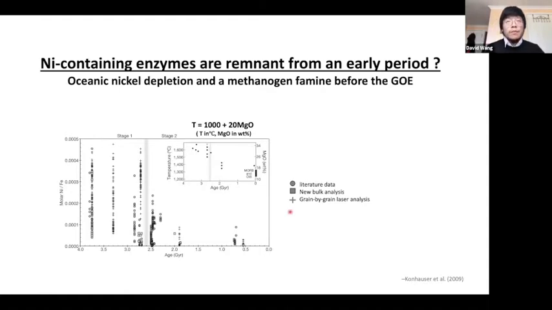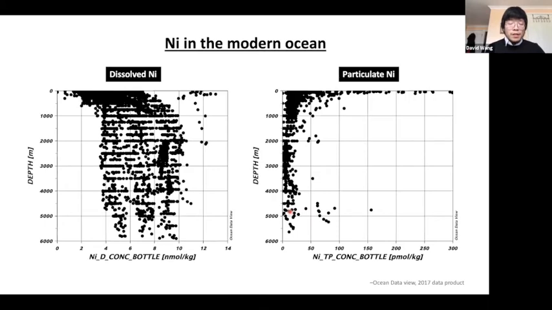However, there are still some fundamental characteristics of nickel that haven't been well studied before we can use it as a robust geochemical tracer. So here is nickel in the modern ocean, with a dissolved and particulate seawater profile.